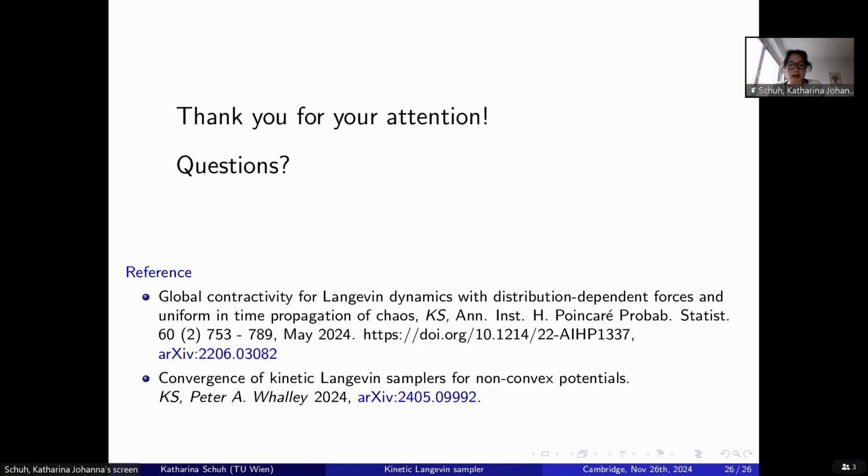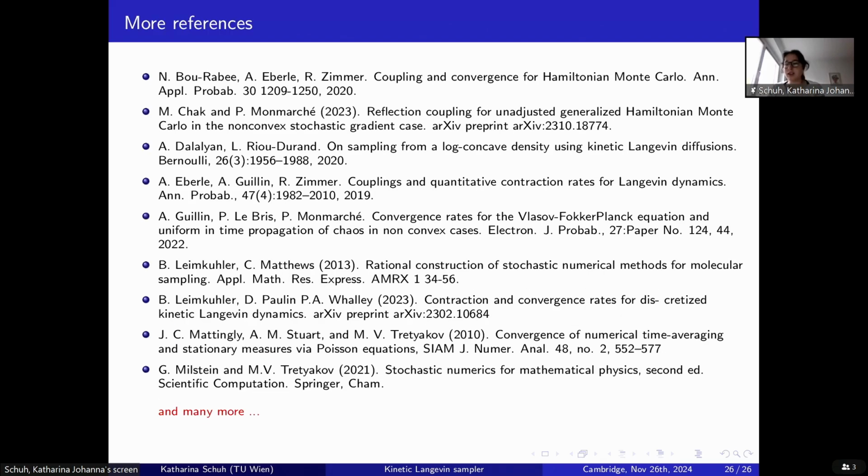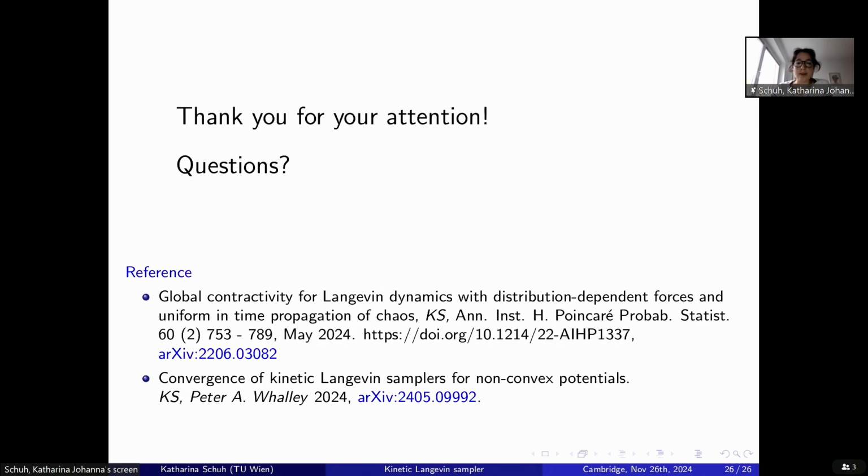The results mainly relied on these two works, and the other works I mentioned through the talk are cited here, but let me just mention there are of course many more works. I just cited the most related works, the ones whose results I used in the presentation. But yeah, thanks for your attention.